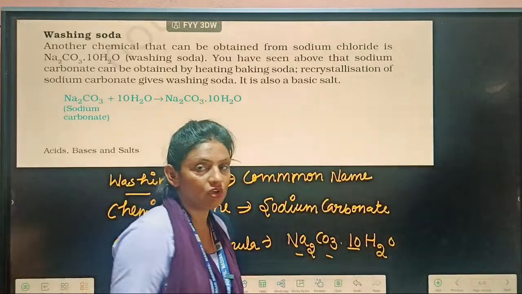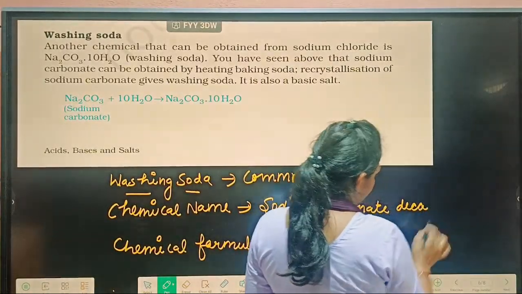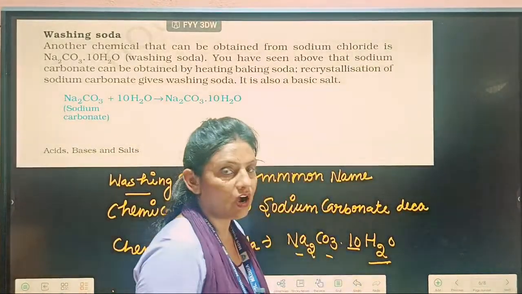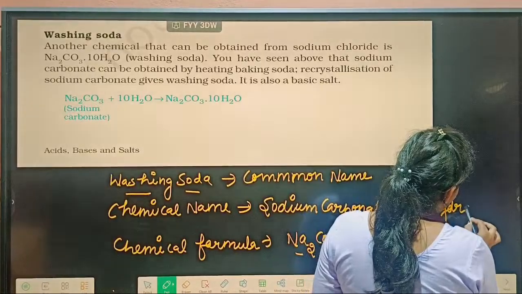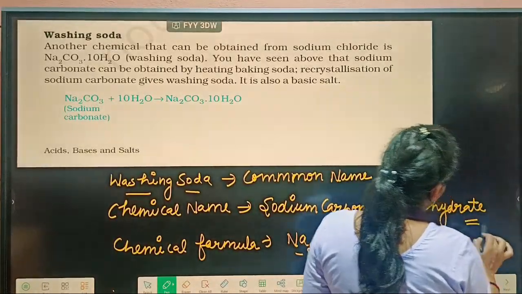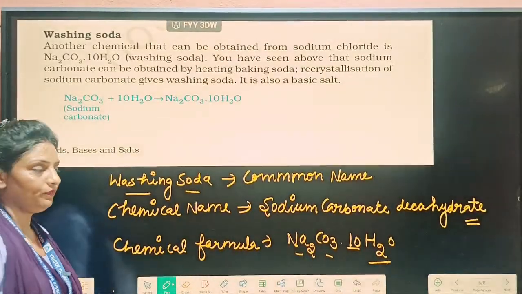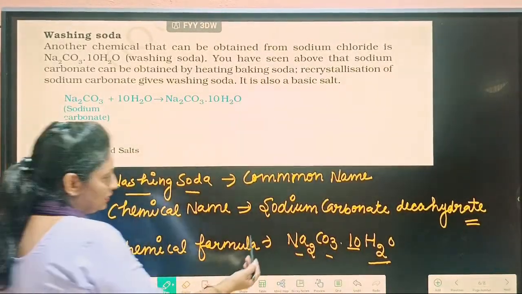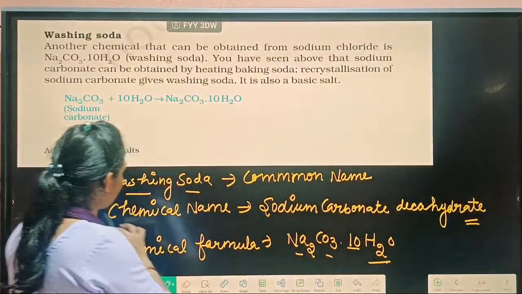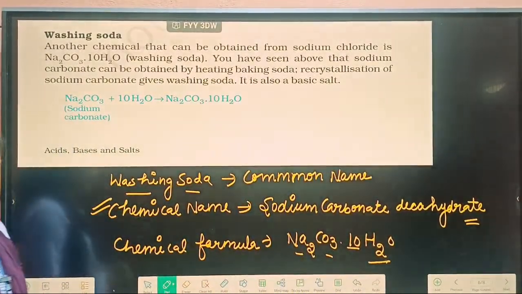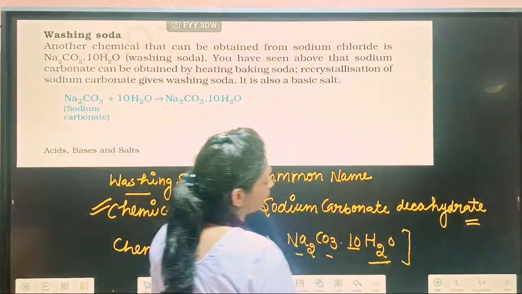For 10 we use the word deca, so decahydrate. Okay, so students, washing soda is the common name, and sodium carbonate decahydrate is the chemical name for washing soda, and Na2CO3.10H2O is the chemical formula.